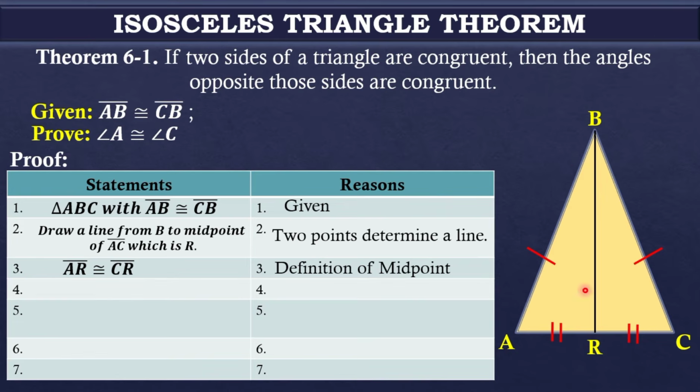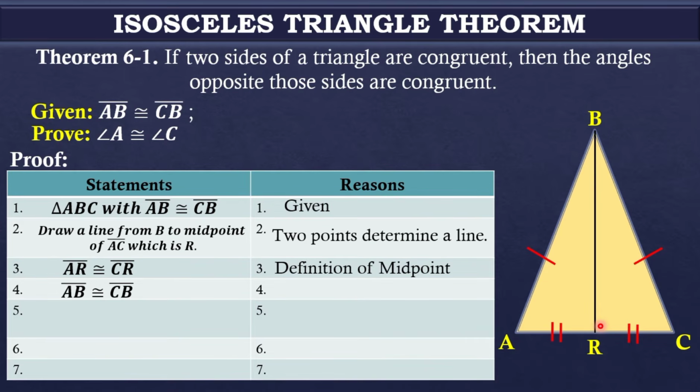Now, since we have here a line connecting your point B up to your midpoint, we form two triangles from this line. So, may nabuo tayong dalawang triangles dahil dito sa line na to. So, ibig sabihin, nag-share sila ng common side. Okay? So, we can say that BR is congruent to BR.